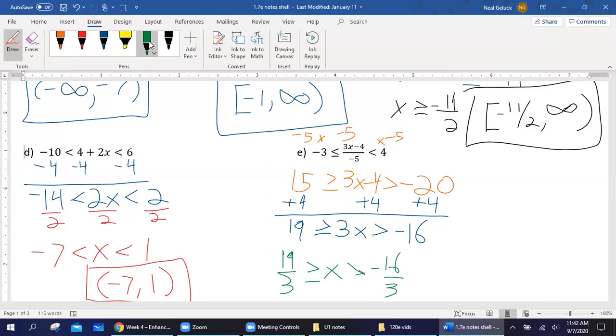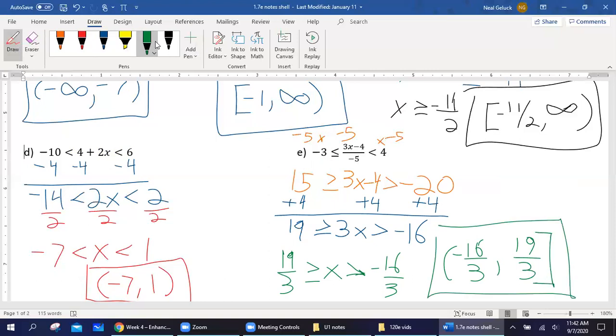Now realize that this one is written backwards. Remember, interval notation is always from left to right, smallest to largest. So my smallest is negative 16/3. Then x goes to 19/3. And I bracket that because it can be that.